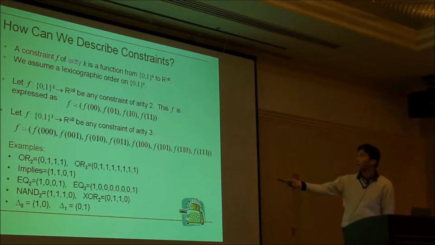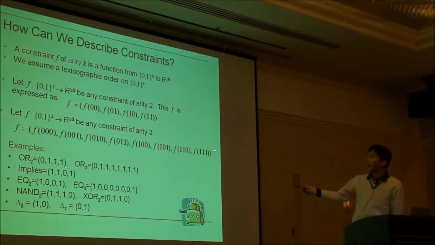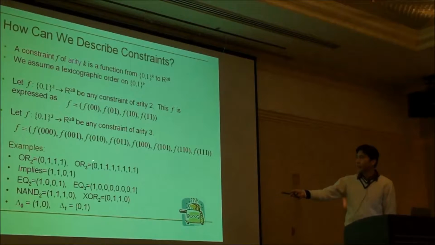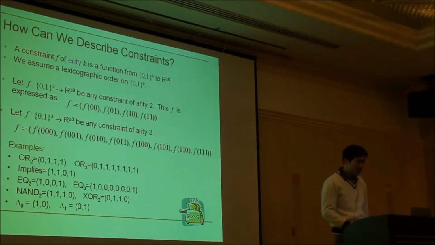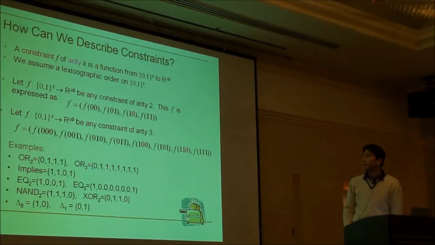If you have a ternary constraint, we have a row vector of 8 elements. A concise example is that OR is represented by the row vector 0, 1, 1, 1, and the logical implication is 1, 1, 0, 1. The other ones are similarly defined.